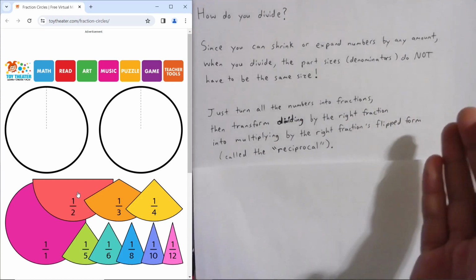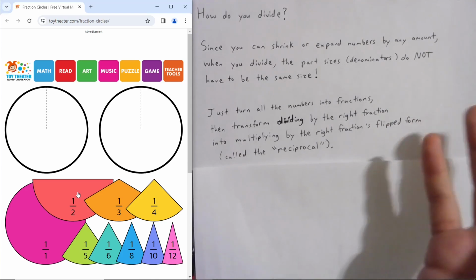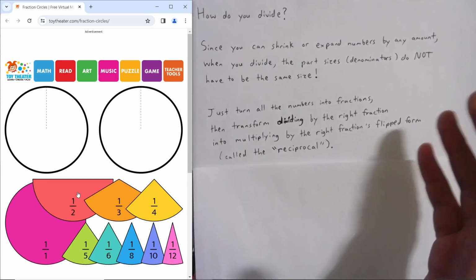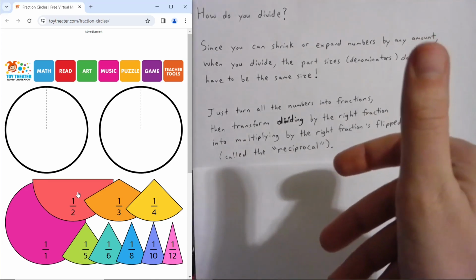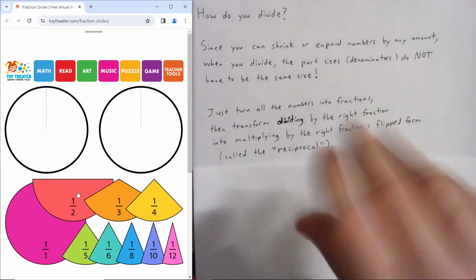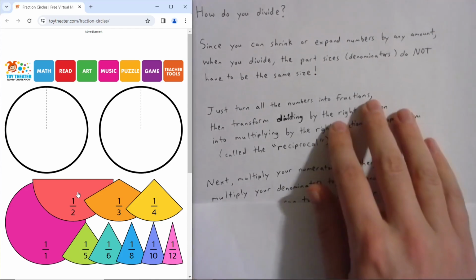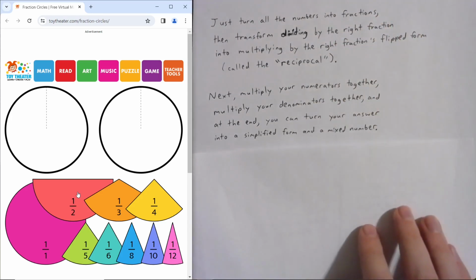So if the fraction on your right was, let's say, 1/2, then dividing by 1/2 is the same as multiplying by 2/1, where 2/1 represents the flipped form or reciprocal of 1/2. And we'll show what that looks like in just a little bit.